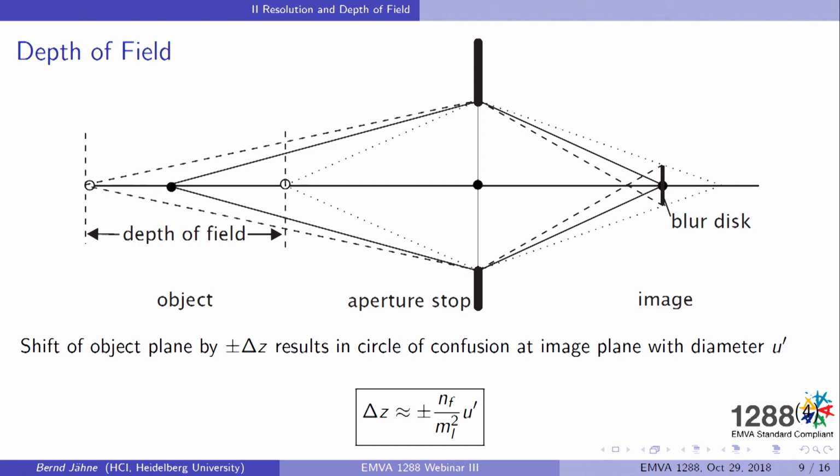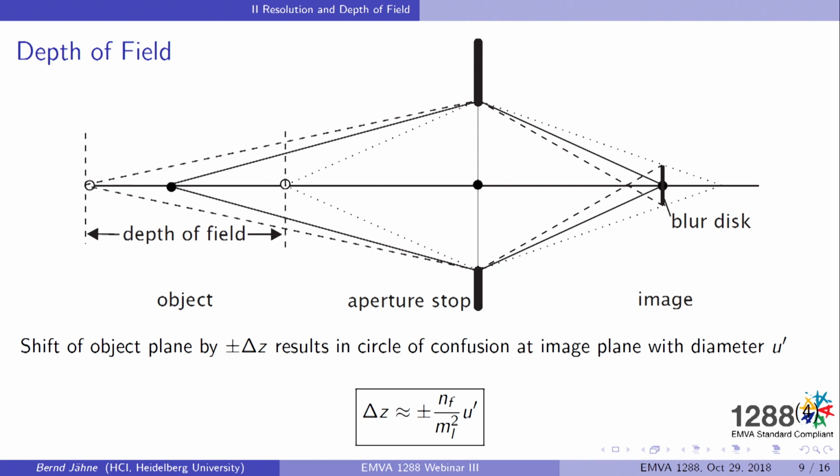And if you do the calculations, you will find that the depth of field, that means the change in distance delta z, I can either go closer or farther away, is proportional to the f number. It is inversely proportional to the magnification, and of course it is proportional to the diameter of our blur disk.